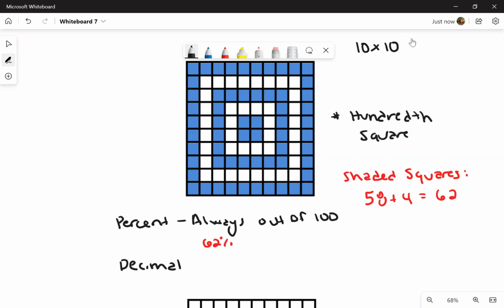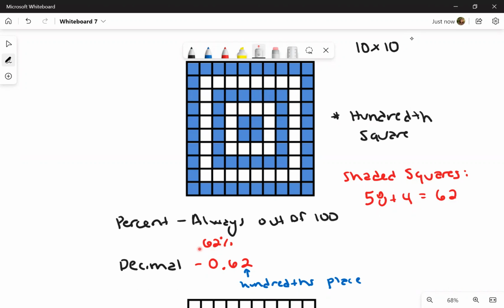And since 62 are shaded, then as a decimal, it would be 0.62 because that is the hundredths place. All right. So percent and decimal, pretty easy. In fact, I probably could have just converted the percent to decimal because we've done that before. So if you convert the percent to decimal, you're just moving the decimal twice, and that gives you 0.62. Okay, so that's a nice, easy thing to look at.